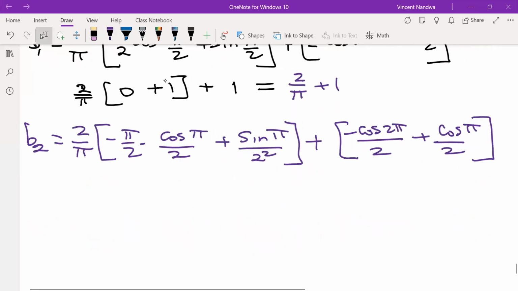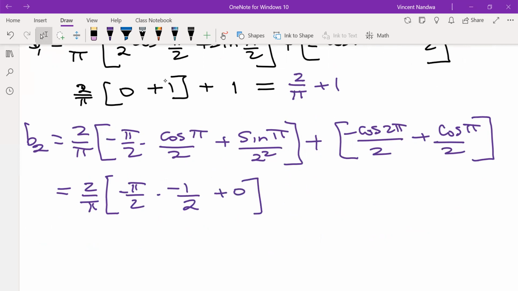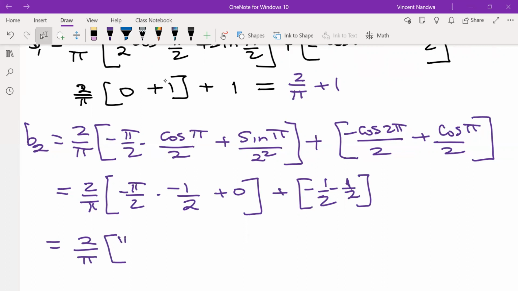When you simplify this, you get B2 to be 2 over pi times minus pi over 2 times minus 1 over 2, plus 0, plus minus a half, minus a half, which when you combine terms gives 2 over pi times pi over 4, and then minus 1, which is a half, minus 1, which is minus a half.